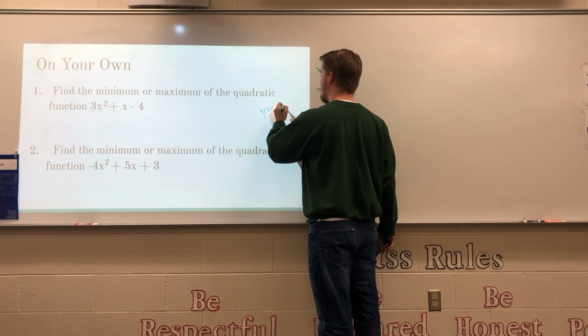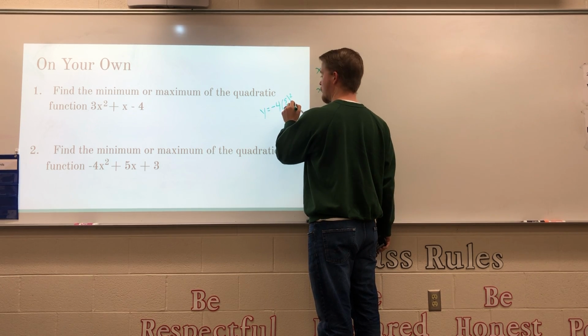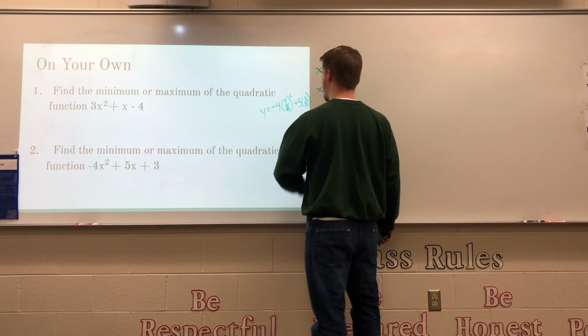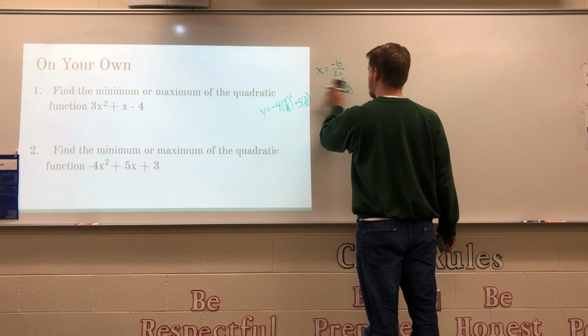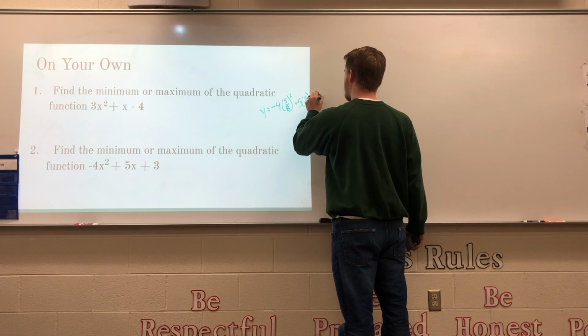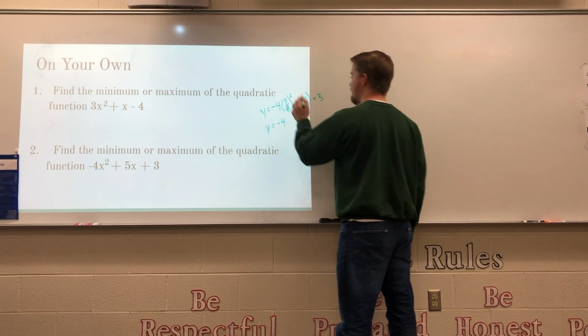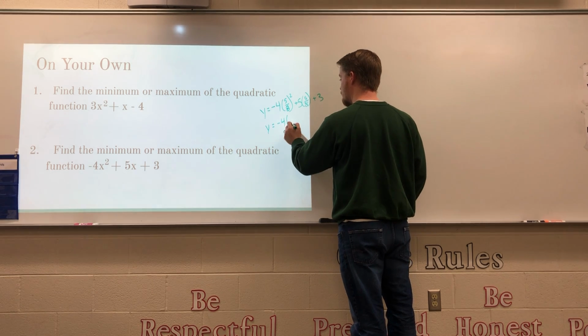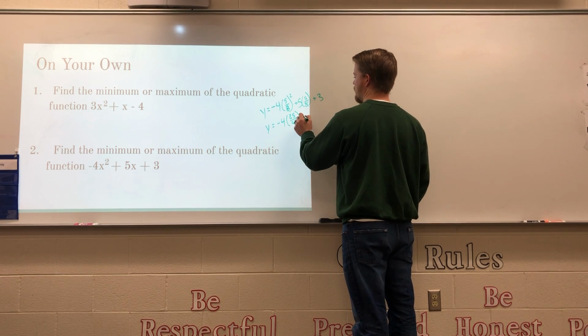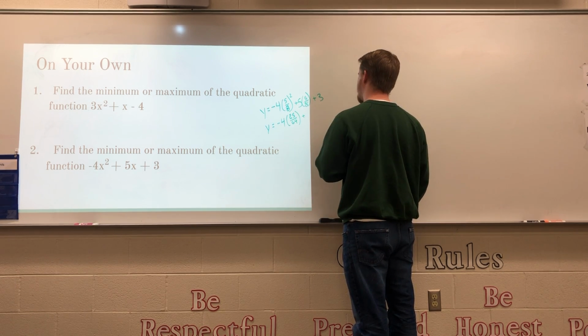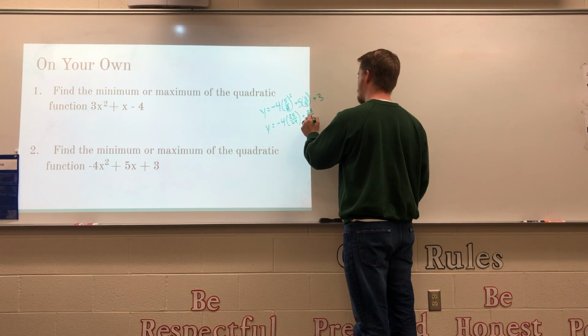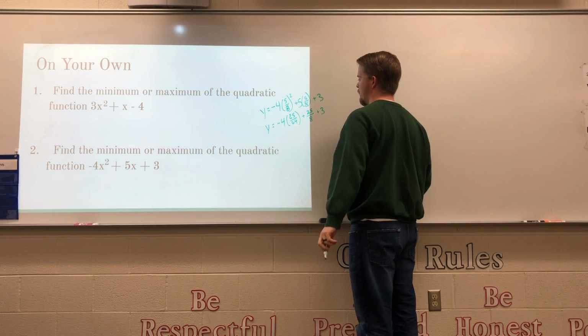So negative 4 times 5 over 8 squared plus 5 times 5 over 8 plus 3. Okay, so now we start working the math out. 5/8 squared would be 25 over 64, plus 5 times 5/8 would be 25 over 8, plus 3.